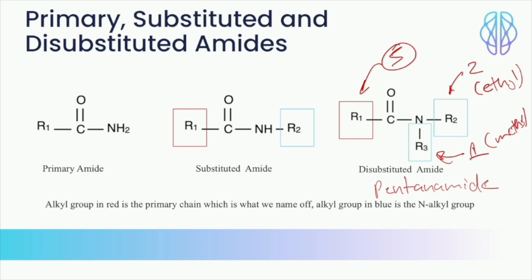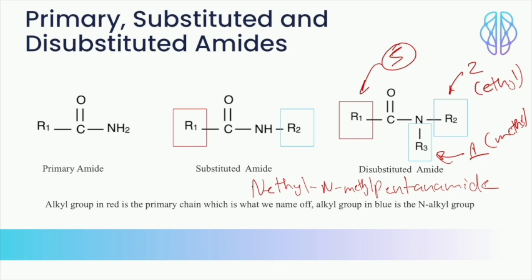We need to organize these in terms of our N-terminus nomenclature, as well as making sure that they're in the correct alphabetical order, as in the example that I went through in naming the tertiary amines. So E obviously comes in the alphabet before M, so this is an N-ethyl N-methyl pentanamide.